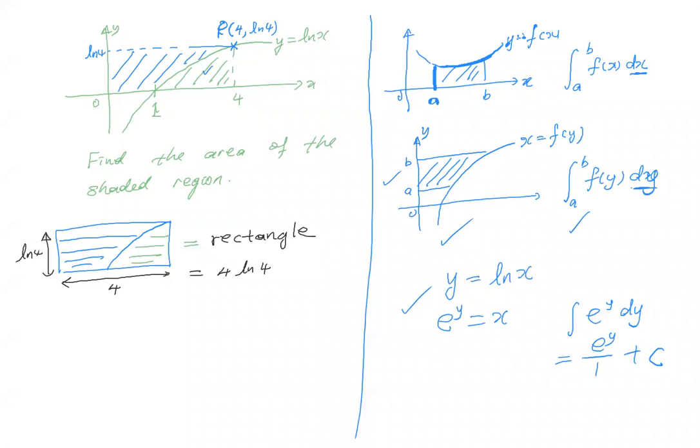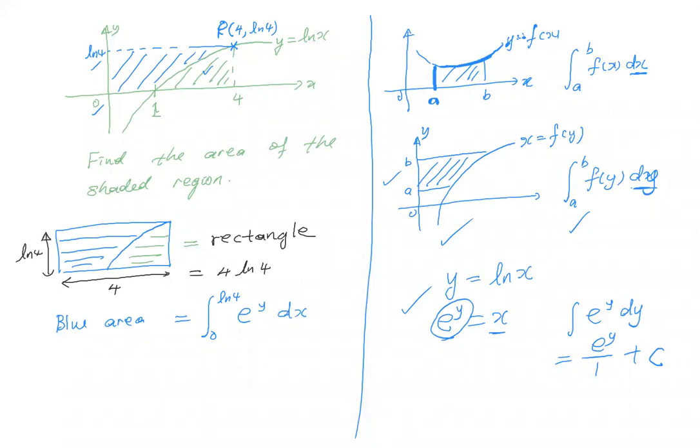So now, can I find the blue area? Yes. So how am I going to get the blue area? Integrate. It must be the y limit, 0 to ln 4. And I must write my x in terms of y.